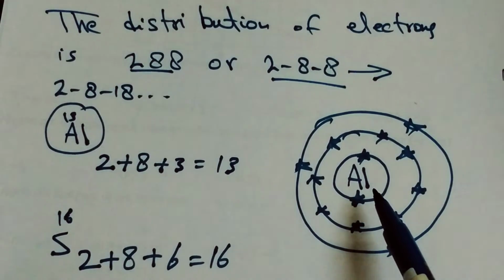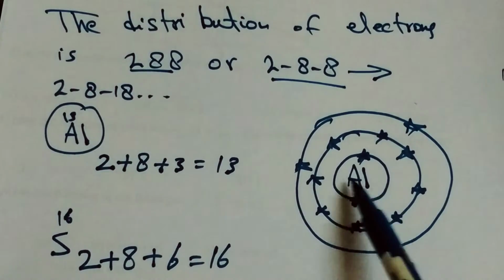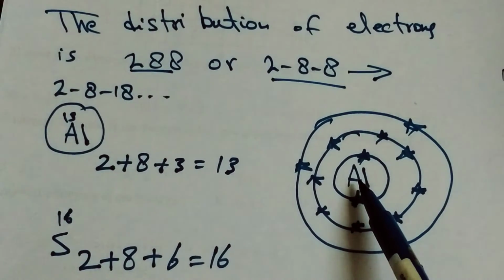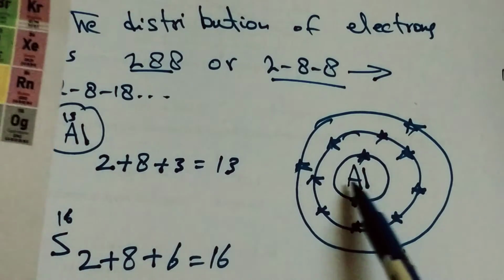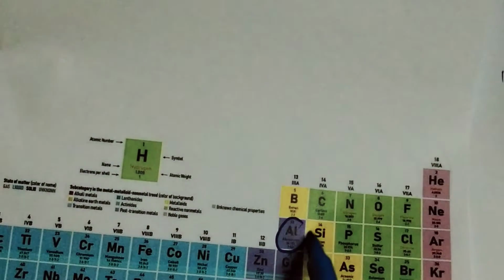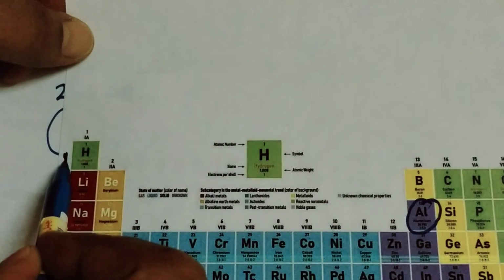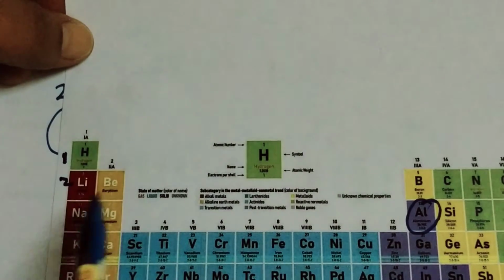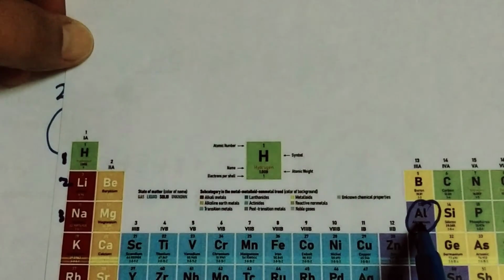Aluminium, which period does it belong to? Let's see here. This is aluminium. This is the first period, this is the second, and this is the third. So aluminium is in the third period.